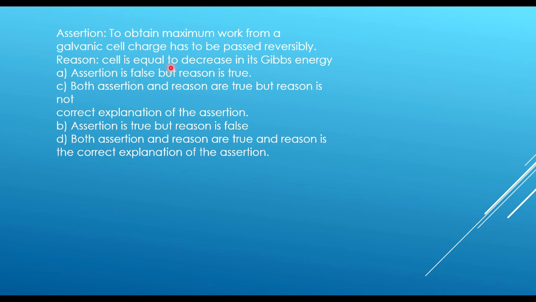The reason is: work done by the cell is equal to decrease in its Gibbs energy. So here the option will be both assertion and reason are true, and the reason is the correct explanation of the assertion.